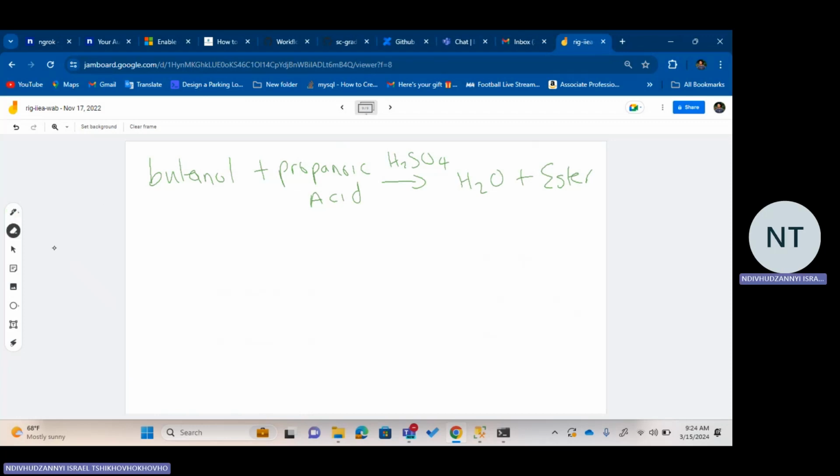So let's draw the structure. So it's going to be 1, 2, 3, 4. For that H atom that's going to be bonded with the OH to form water, I'll use a different color.